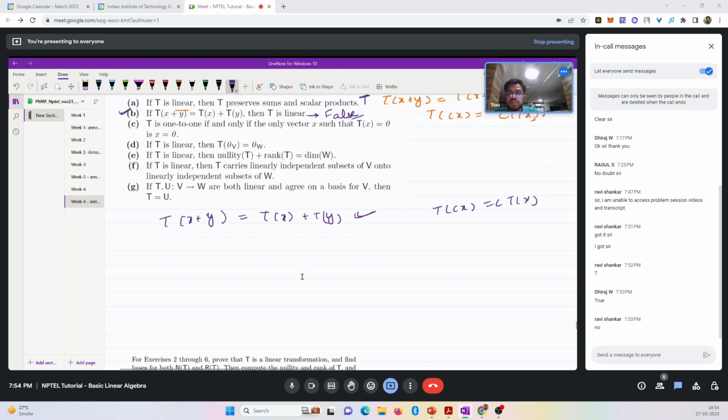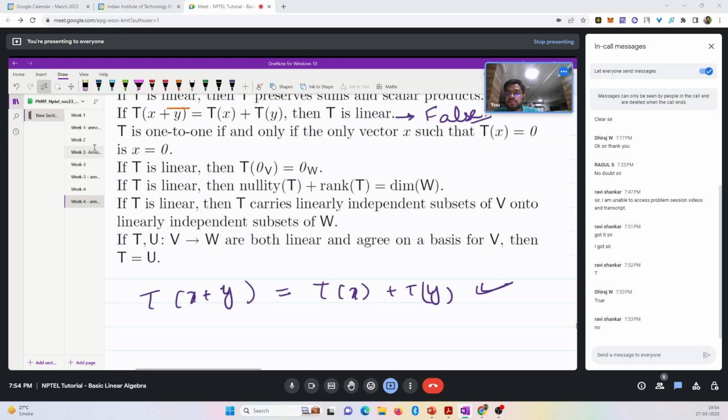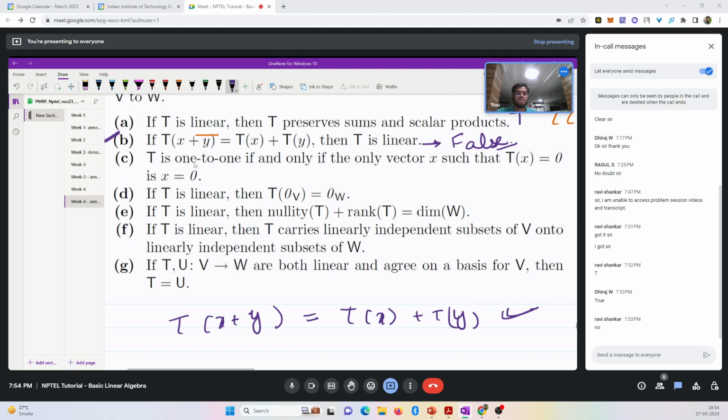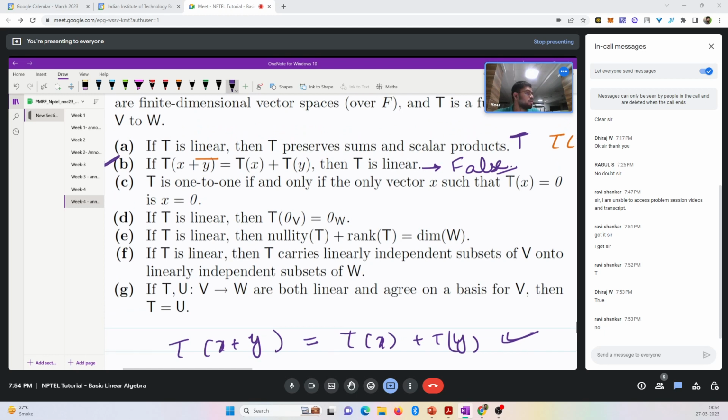I think the font size is adequate enough for you, or I'll just make it a bit larger. This is C. T is 1 to 1 if and only if the only vector x such that T of x is equal to 0 is 0. Now, one thing that you should keep in mind is that we are given T is a function.